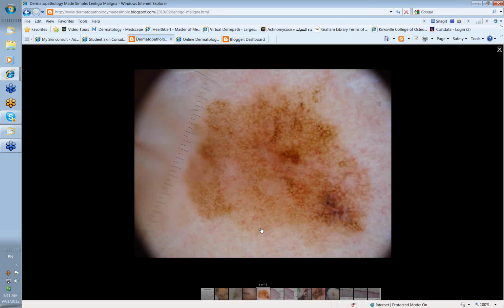And when you have a look at it with the dermatoscope, again, this time you're seeing some brown circles, some obliteration of the circles in this area here with the spread of pigment. This area here, difficult to differentiate that perhaps from a solar lentigo, and hence this is where the biopsying is important. You've got to biopsy by taking a larger area or biopsying in this area here where you see the most significant change dermatoscopically.